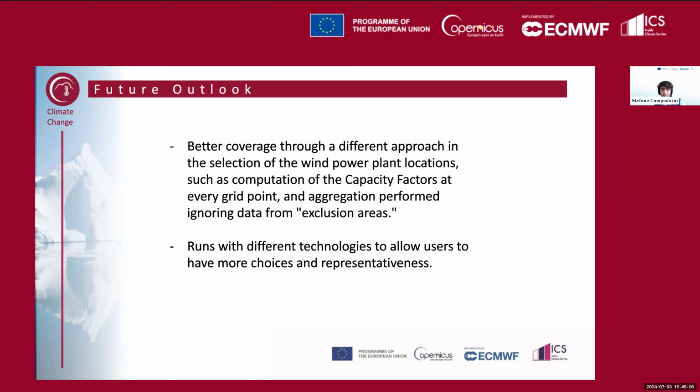And we might, just by employing a tool that we already have, also use exclusion errors to exclude from the aggregation those points where wind power installation is not going to happen due to various constraints, such as protected areas or specific conditions of the terrain where these are installed.